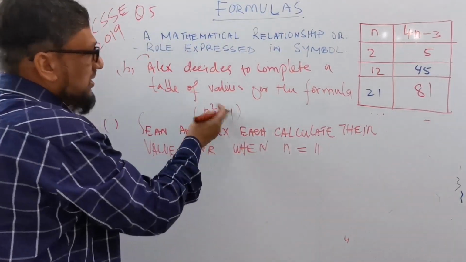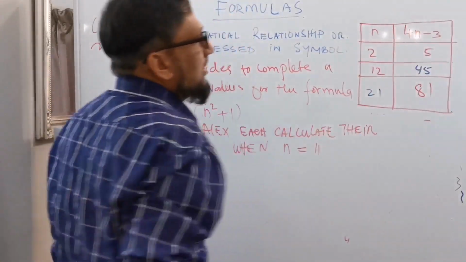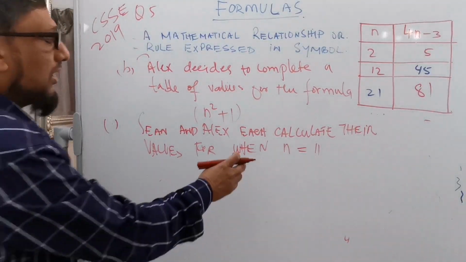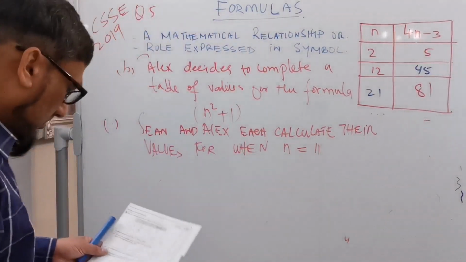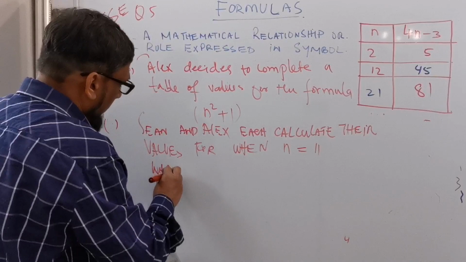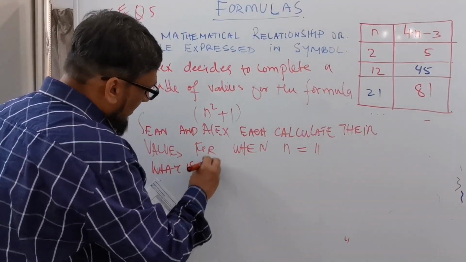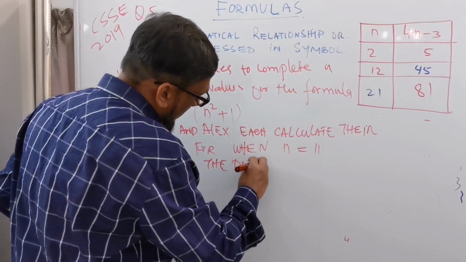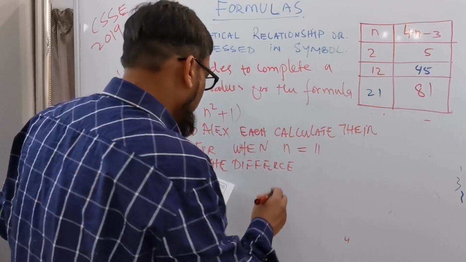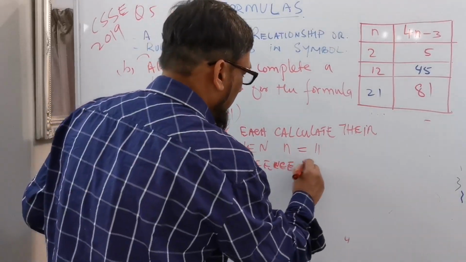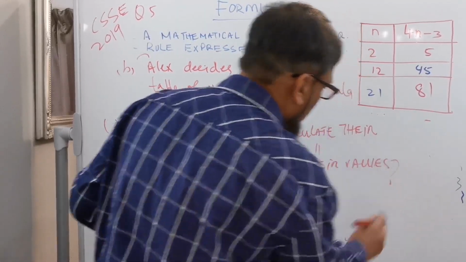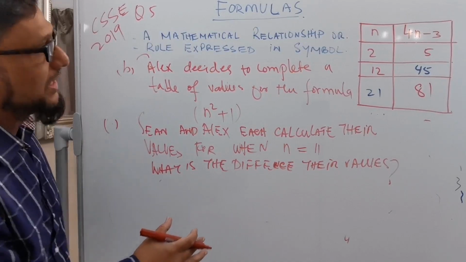Alex has the formula n square plus 1, and Sean has the formula 4n minus 3, and they are using the same value. The question is, what is the difference between their values? So we simply need to work it out.